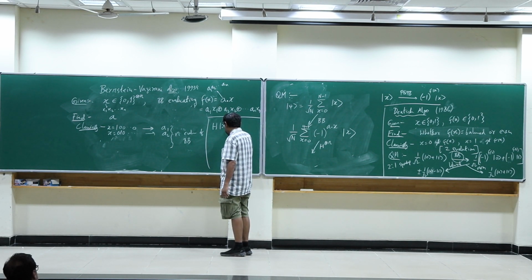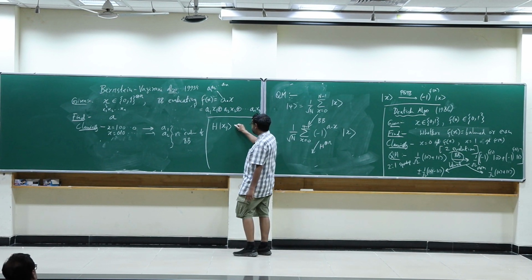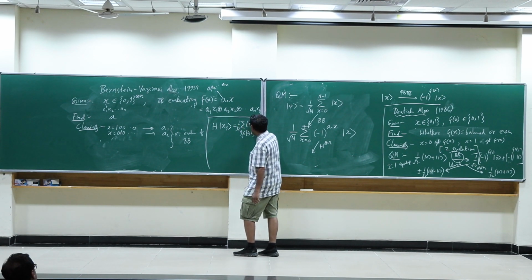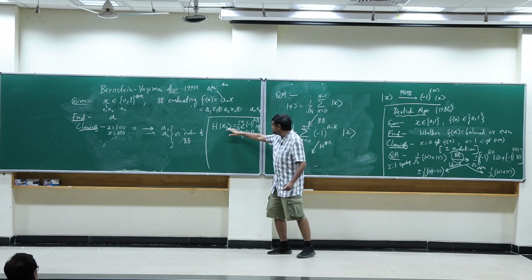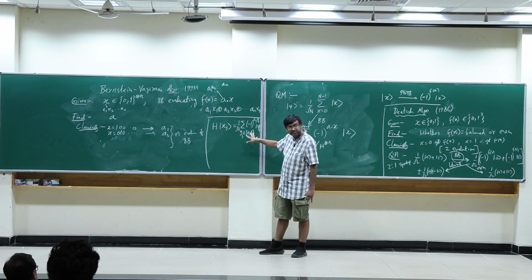Hadamard can be compactly written, for the jth qubit, as a sum over yj, where yj is just 0 or 1, of 1 by root 2 times minus 1 to the power xj yj. So it summarizes both results: Hadamard on 0 goes to 0 plus 1, Hadamard on 1 goes to 0 minus 1. This is just writing that compactly.